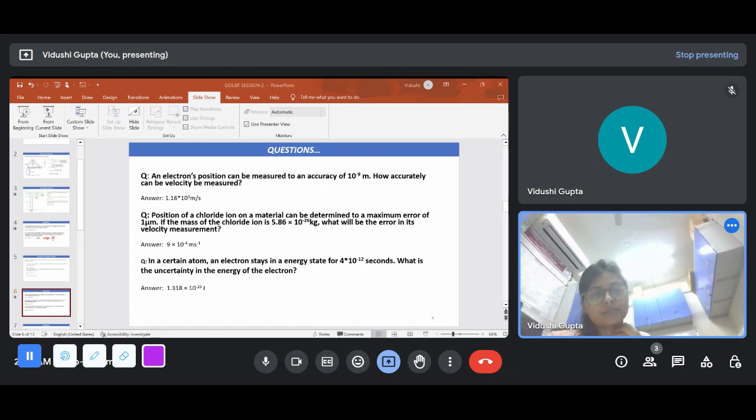Minus, for j cap it will be xpz minus zpx.